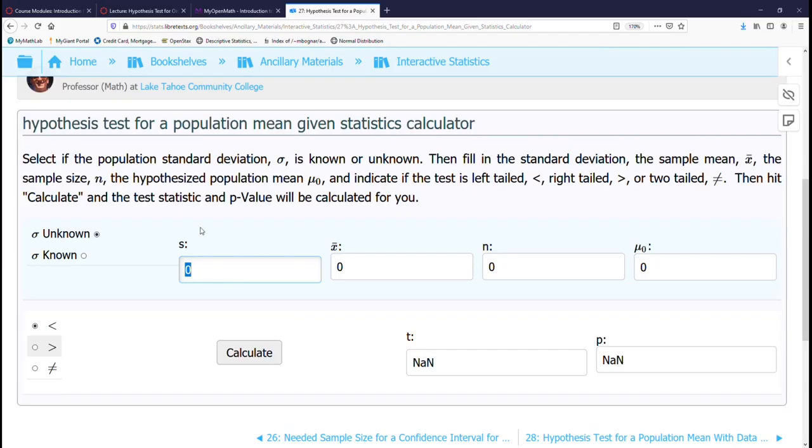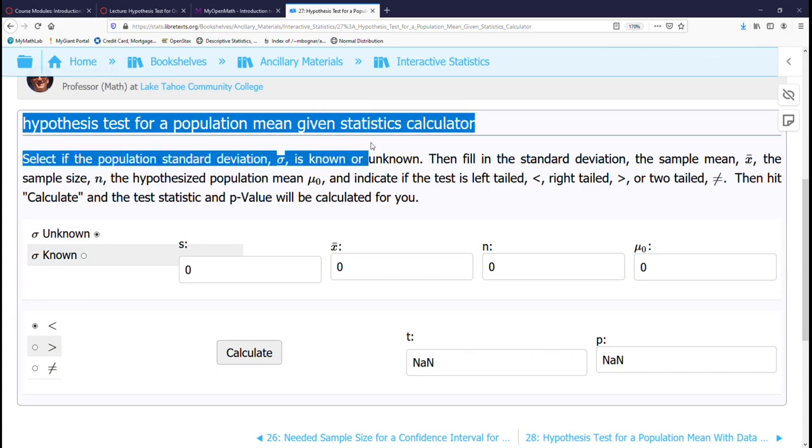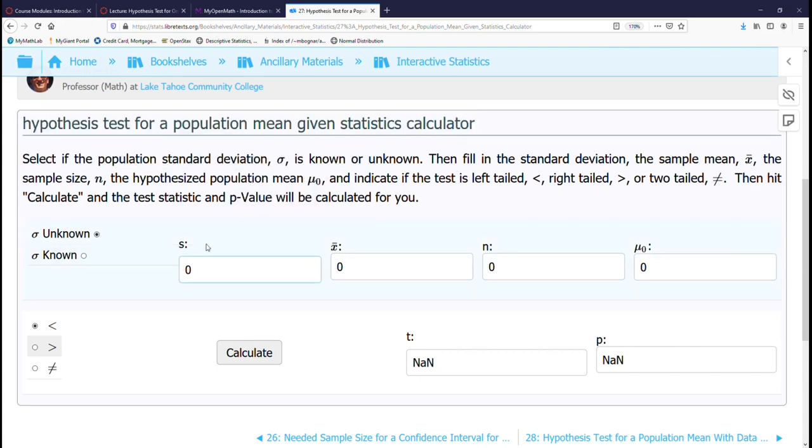Now, we need to try the problem on the computer because most of you are going to use the computer for your homework. Now, I need to select the calculator that says hypothesis test for a population mean given statistics calculator. And let's enter the sample standard deviation, 11,230. We know the sample mean is 72,460. The sample size, 1,056.